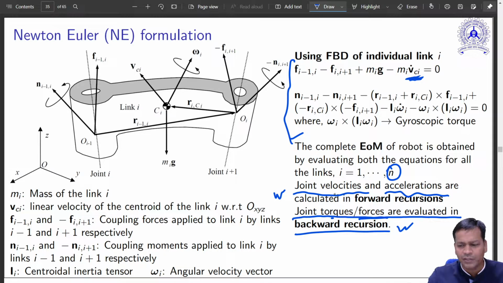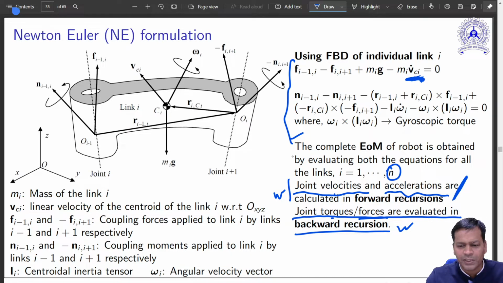First you calculate the velocity, then you calculate the acceleration, and you substitute it here. So using forward kinematics, taking the derivative of that, you calculate the velocity and substitute it here.